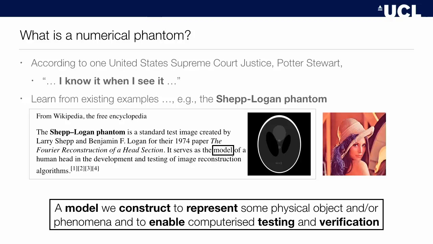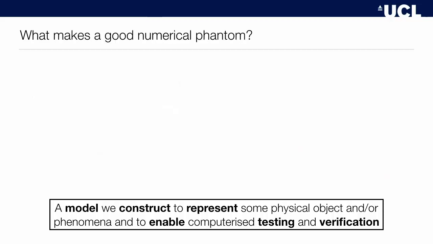With that in mind, I came up with a working definition for this talk: a numerical phantom is a computer model that we construct to represent some physical object or phenomena, and that enables computerized testing and verification. That's the working definition I hope to follow for this talk.